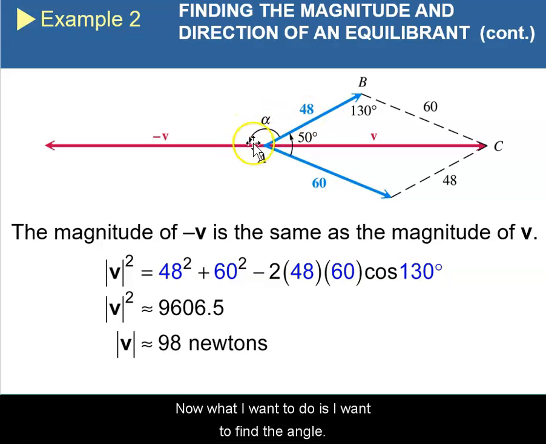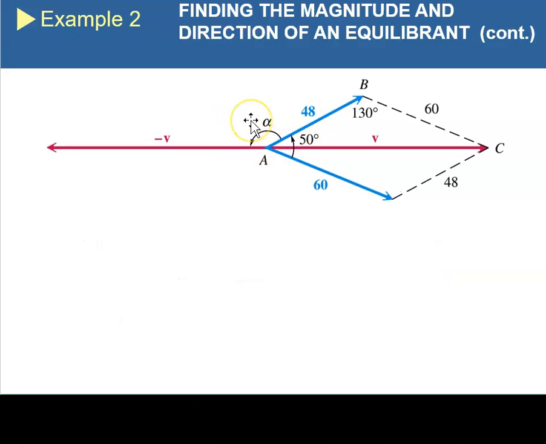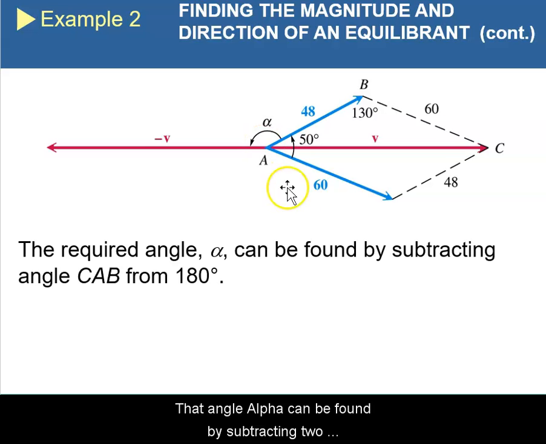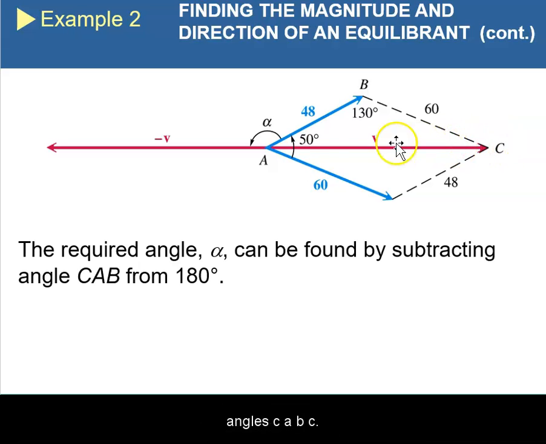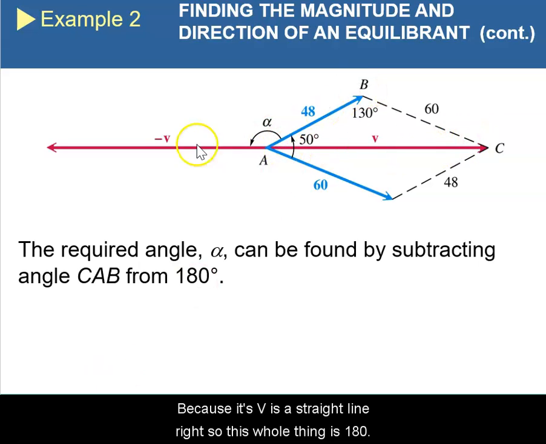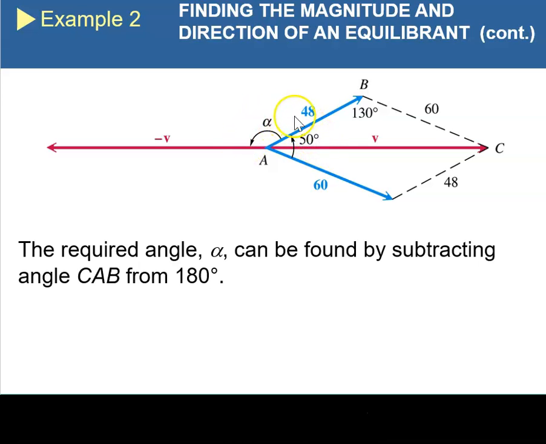Now I want to find the angle alpha. That angle alpha can be found by subtracting the angle CAB from 180 degrees, because this v is a straight line, so this whole thing is 180.